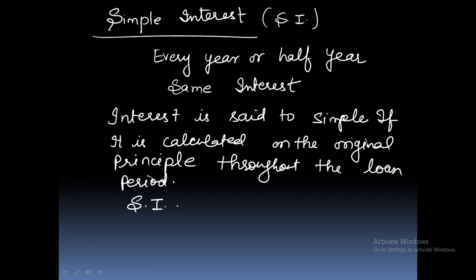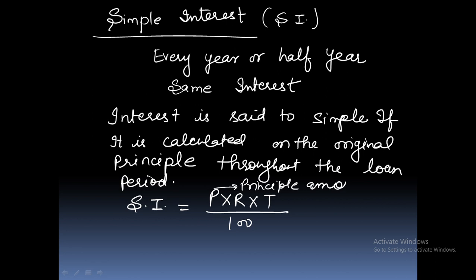And the formula: simple interest is equal to principal amount multiplied by rate of interest multiplied by time divided by 100. P represents the principal amount, the original amount of loan. R represents the rate of interest, which is paid by the borrower to the lender. Time period, time that is in the form of years or half years, that is the time.